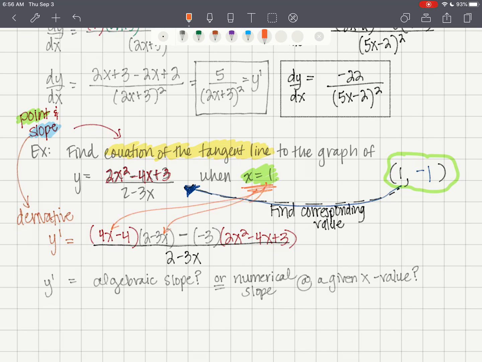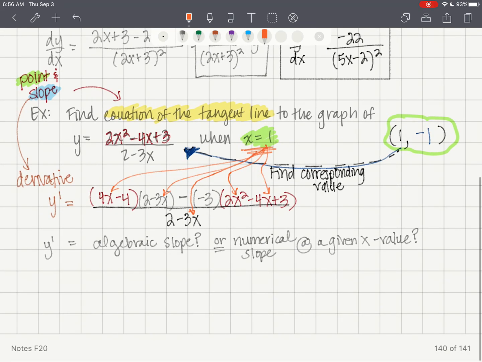Then we don't have to simplify it algebraically. We could just put that 1 in right there. So when I put the 1 in, I get 4 minus 4 is 0. And then 0 times anything is going to be 0. Minus negative 3 times, I put the 1 in, and I get 2 minus 4 is negative 2.